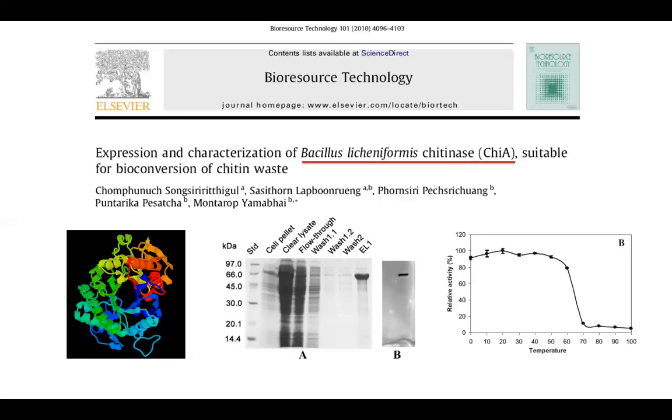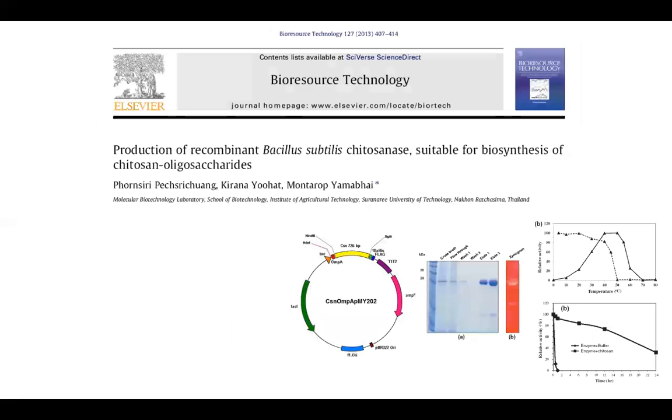But later on, we found out that the enzyme chitinase will cleave chitin. But if you remember, chitin is so difficult to degrade. So we decided, if it's so hard to degrade chitin, it would be difficult to do the reaction, because when you do enzyme hydrolysis, the substrate has to be soluble.